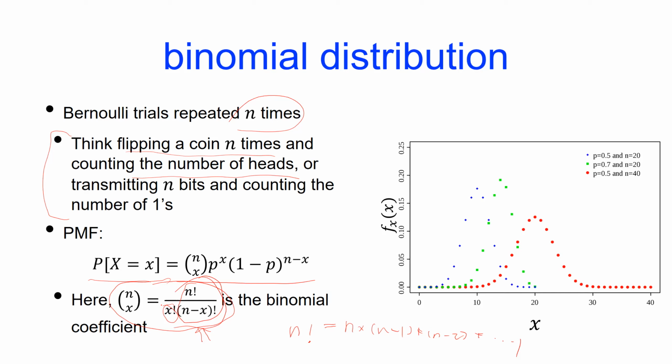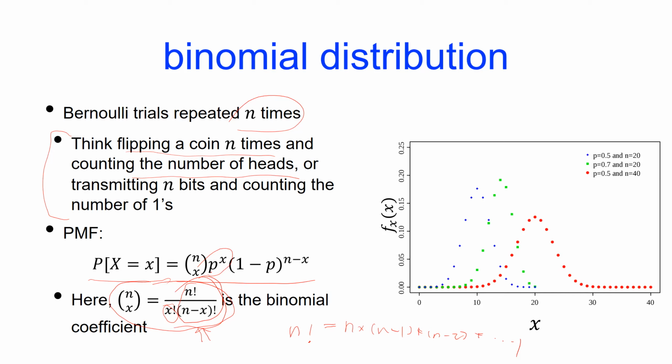So this is just trying to say, hey, if you throw a coin n times, I have n choose x ways to pick the subset to claim to be heads. Then I need p raised to power x, because for each coin you have probability p to be head.